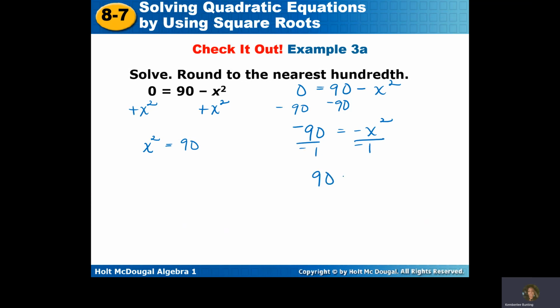And you'd still end up with 90 equal to positive x squared. Things will just be symmetrically opposed. It'll just be flipped around by way of the symmetric property. Does that make sense? Questions or concerns? Now what's my next step, y'all? What do I do? Go ahead and finish it on your paper.